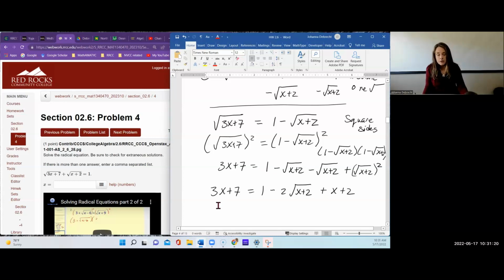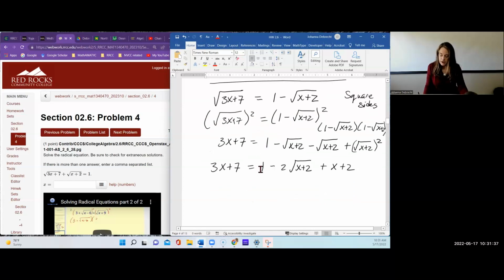I have another radical equation and I need to isolate the radical and square both sides. That means that I need to move my like terms to be together. So the next thing I'm going to do is subtract, wait a minute. I've got a 1 and a plus 2 that's both on the right side. I should probably clean this up a little bit.